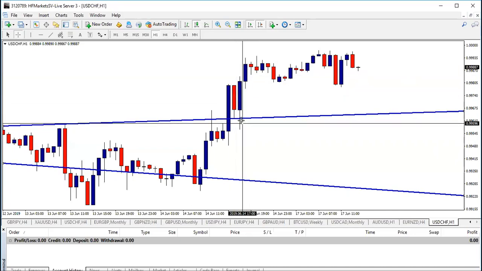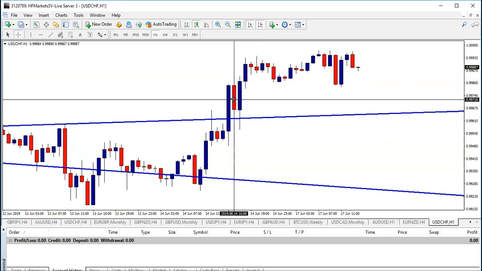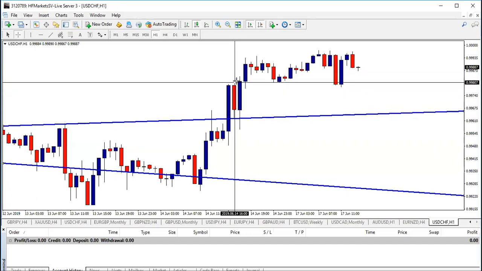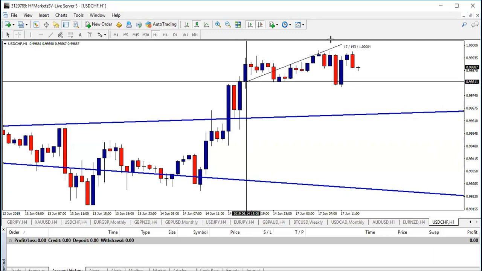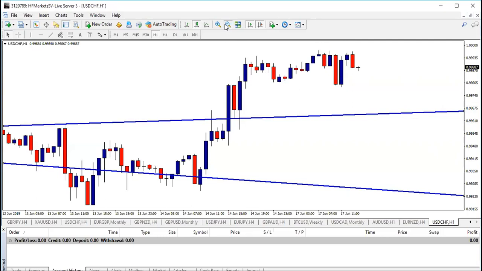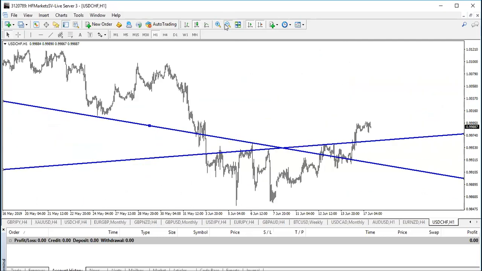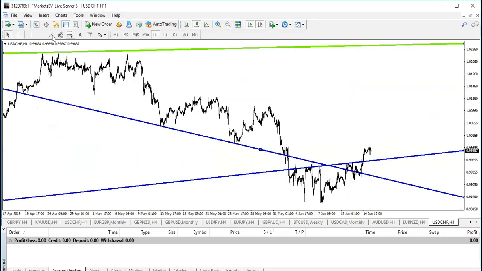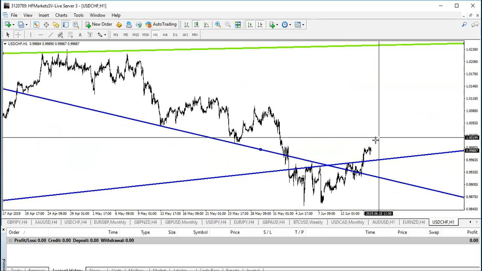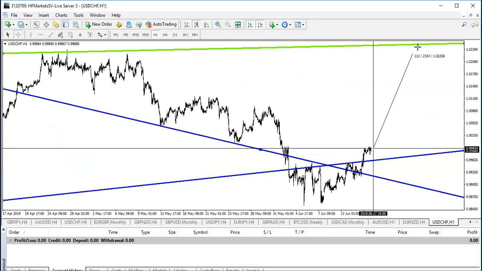This shows you that the buyers are now in control of this market. At the close of this candlestick would have been a very good opportunity for you to buy this pair. And then once you buy, you are in a potential growth to get to this point overall.